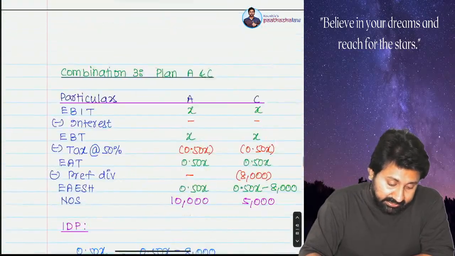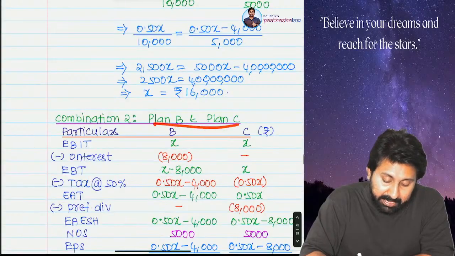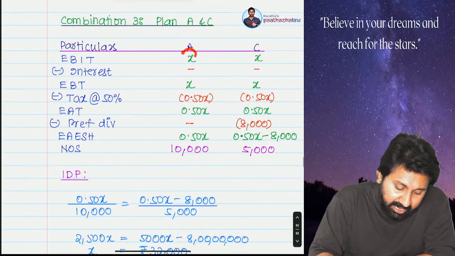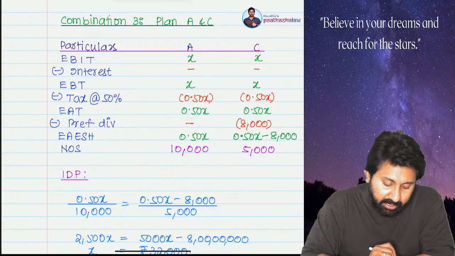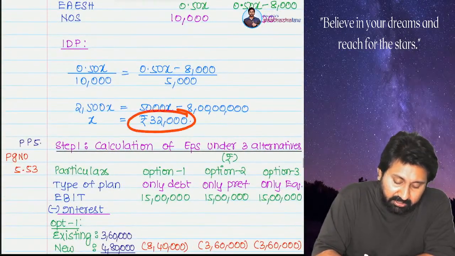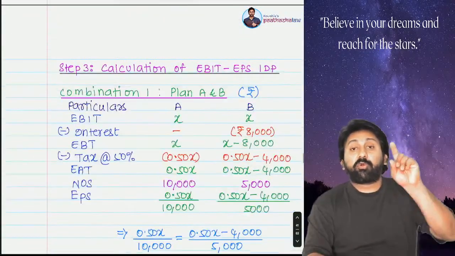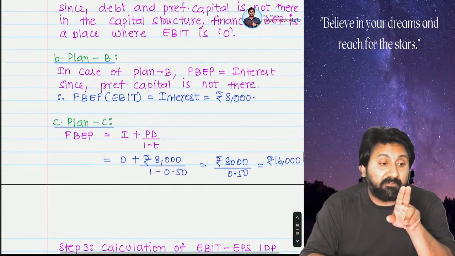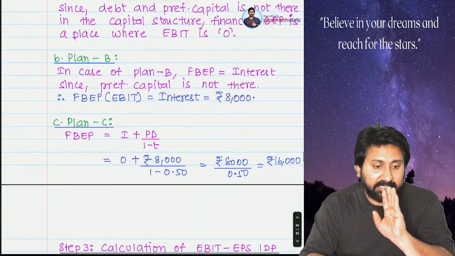Next, combination A, C. A is all equity, C is about preference dividend. Equate both of them; we got 32,000. You compare equity and debt indifference, and equity and preference indifference. Understandable?